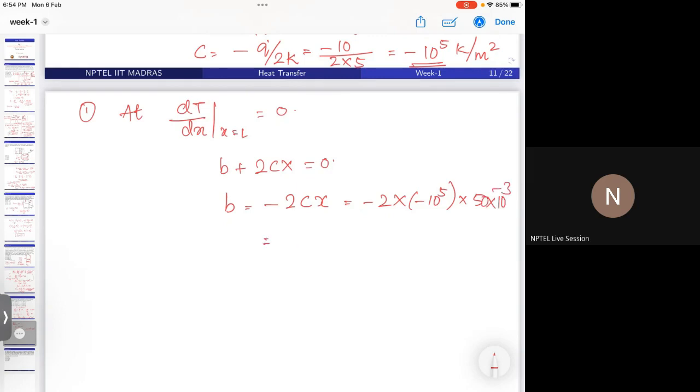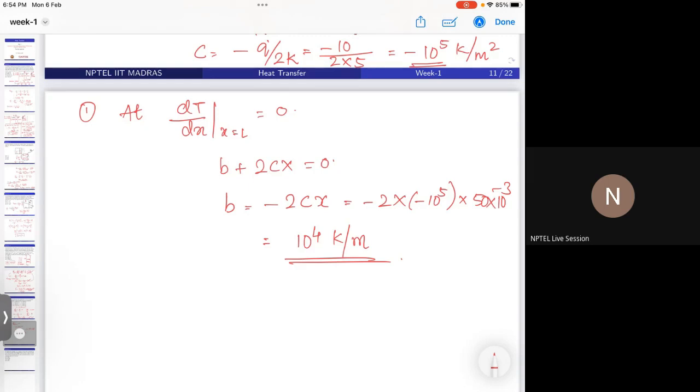You will get B as 10 raised to 4 Kelvin per meter. Am I right? I hope you also got this answer. Anybody got this? Yes, sir, we got it.